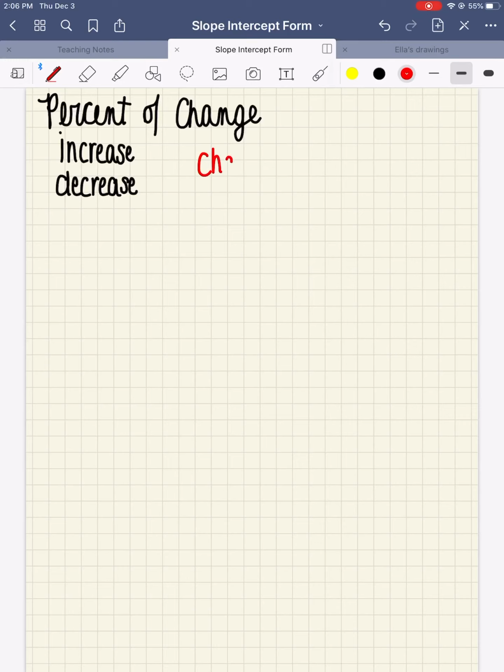It is change over original equals percent over 100. And this second part should look very familiar to you, because we just used that last week.